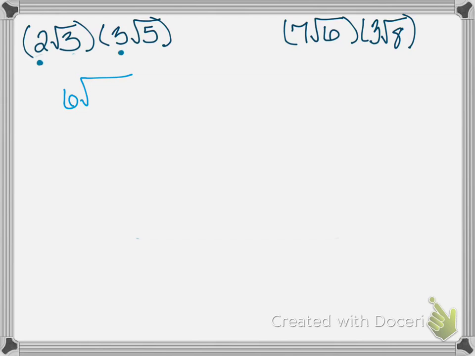Then I'm going to multiply the square root of 3 times the square root of 5. What is the square root of 3 times the square root of 5? 15. Good, so that is the square root of 15.